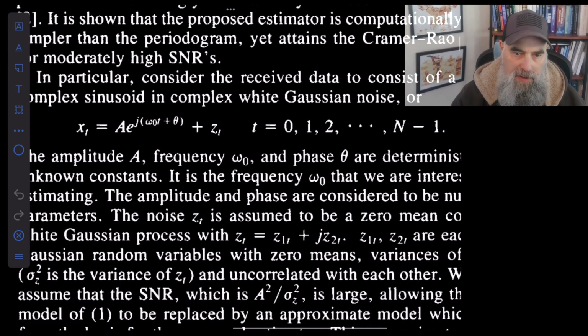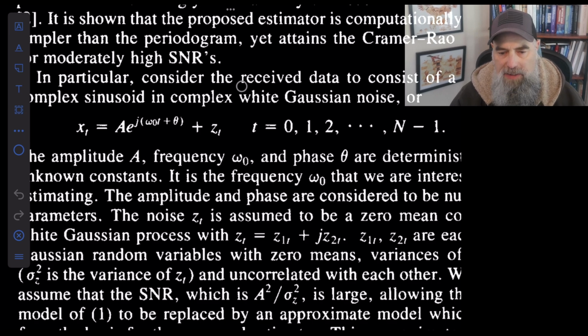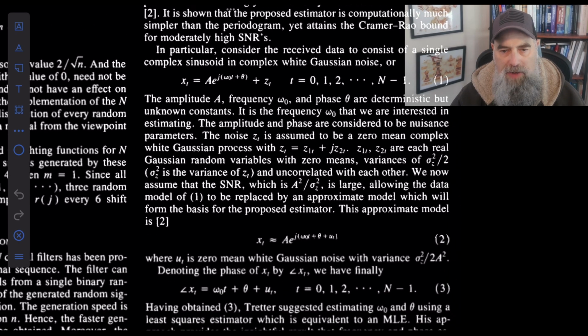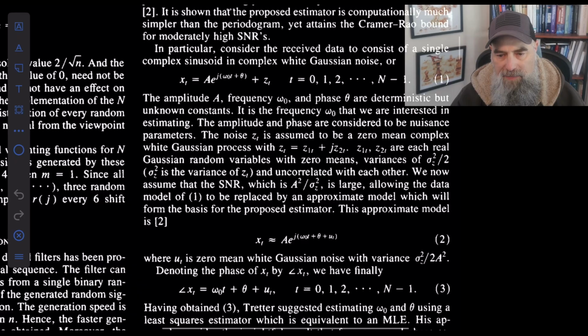This is the model. It's a complex sinusoid with a white Gaussian noise. Then he assumes the SNR is large. That can yield an approximation that a part of this noise is taken out of this equation and introduced straight into the phase.